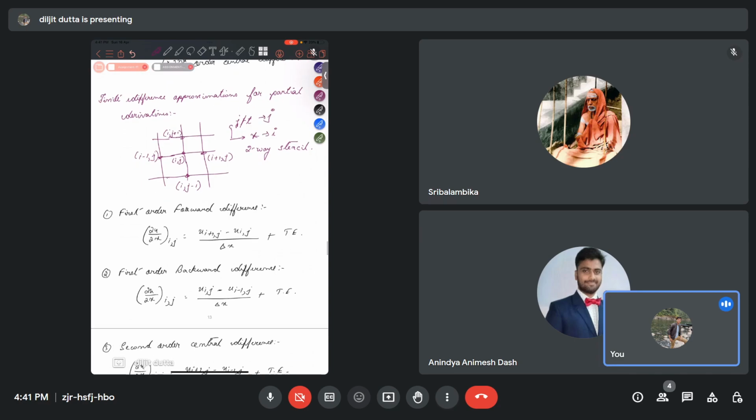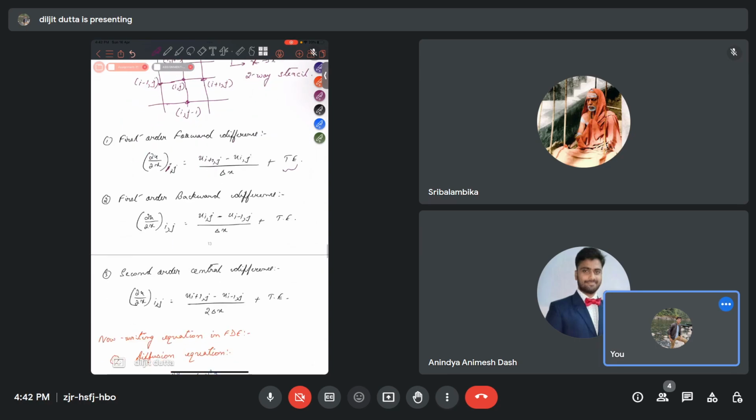So the first order forward difference for the partial derivative is del u by del x at i comma j is u i plus 1 j minus u i j by delta x plus the truncation error, that is of order delta x.